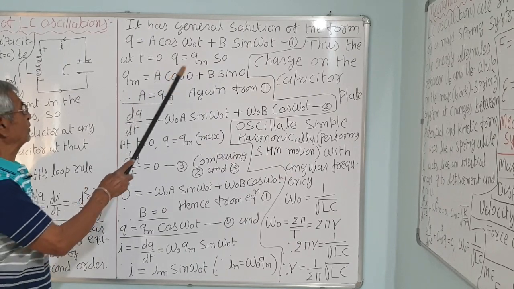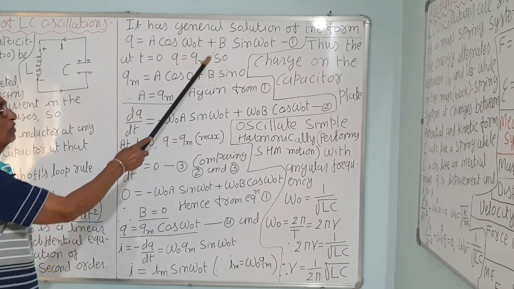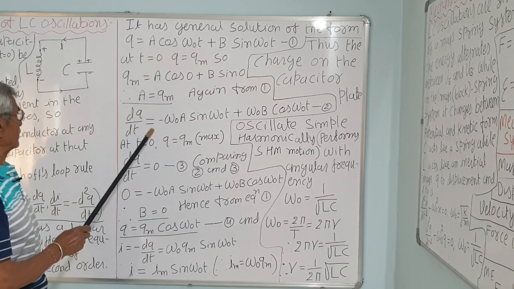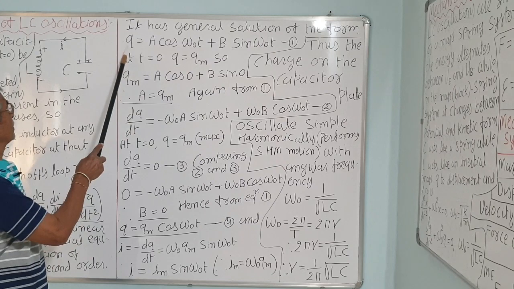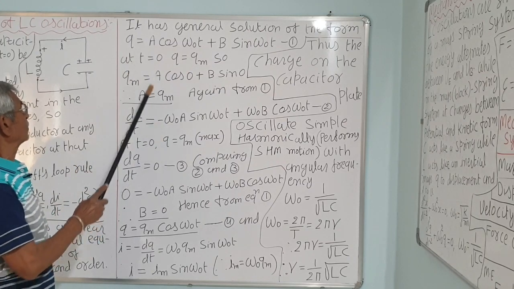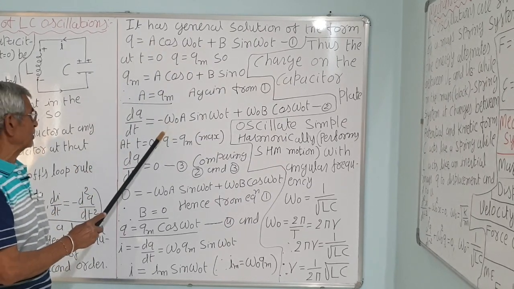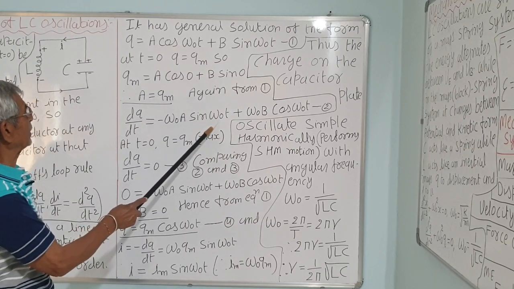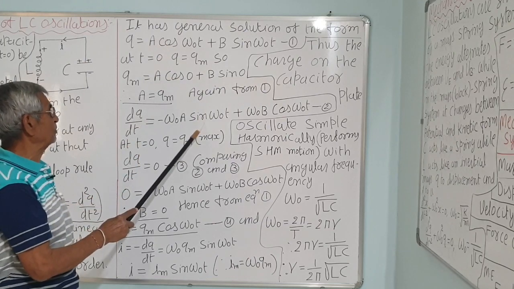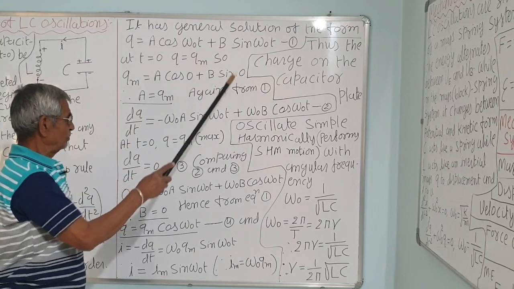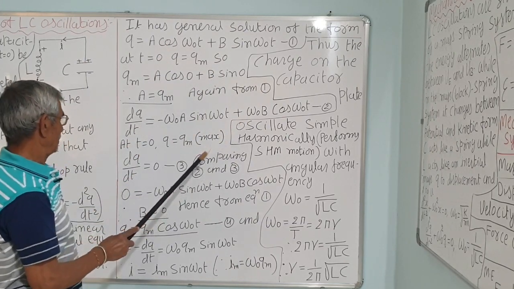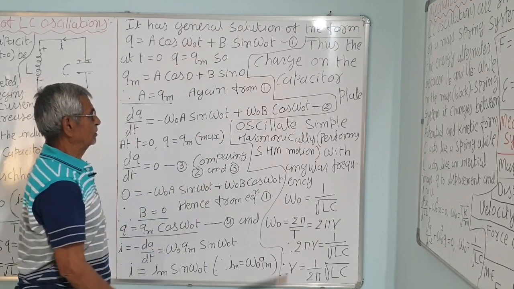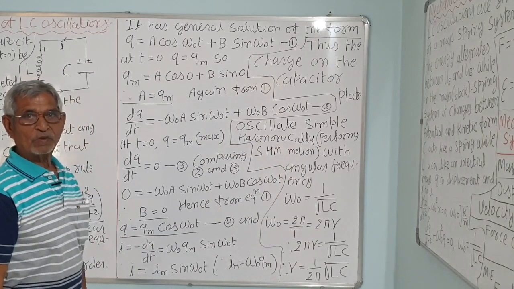Let us find out the value of B also. B will be 0, let us see. dq upon dt, consider this equation again and take the derivative. That is minus omega 0 A sin omega 0 t, plus omega 0 B cos omega 0 t, as you have already studied the derivatives of sin and cos.